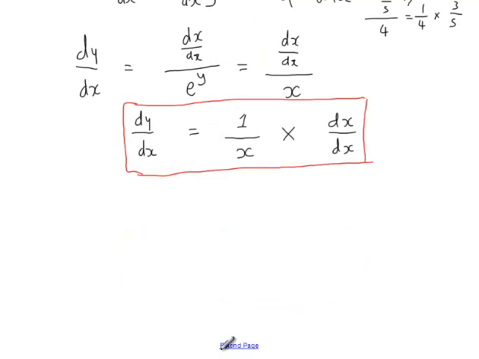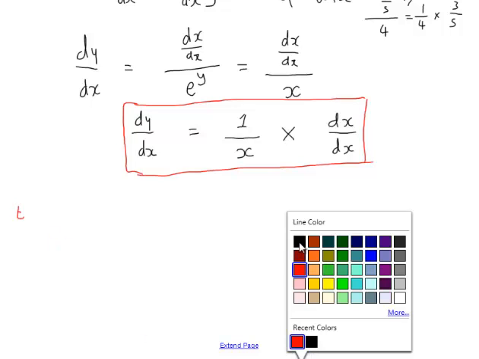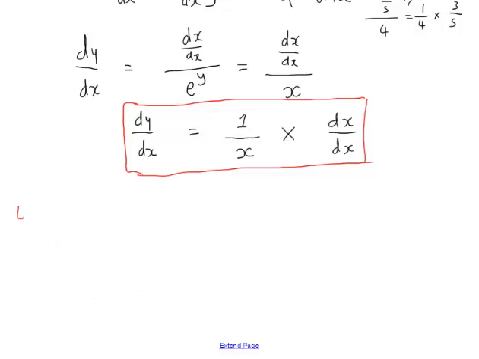Now, let's look at an example. You know, I don't want to write in red. I prefer black. Example.